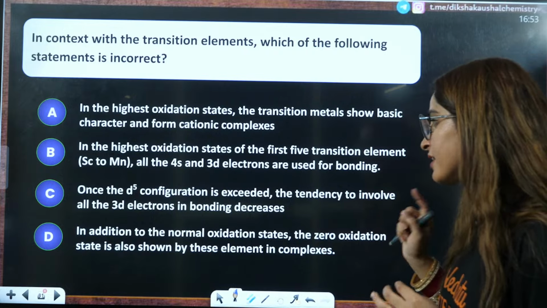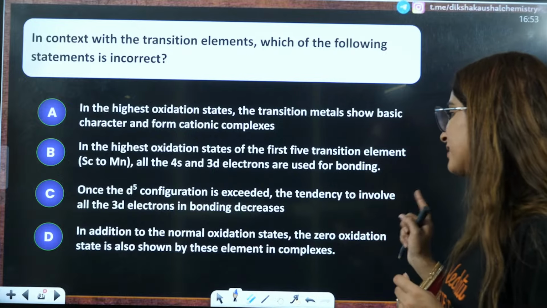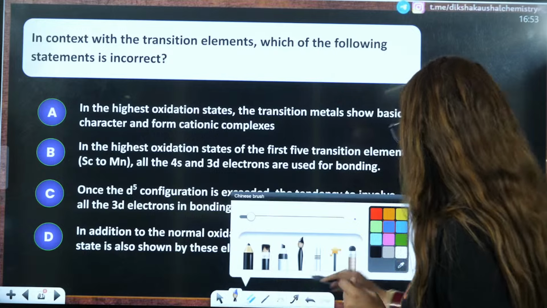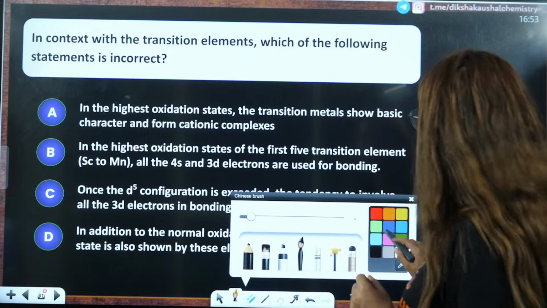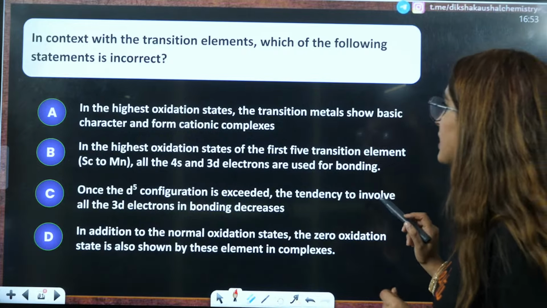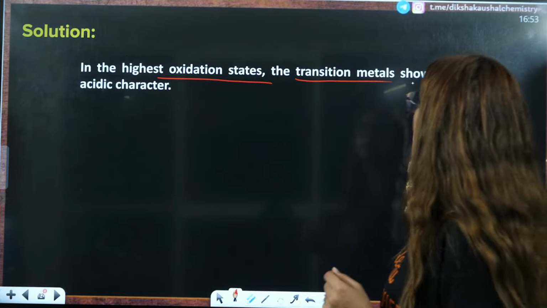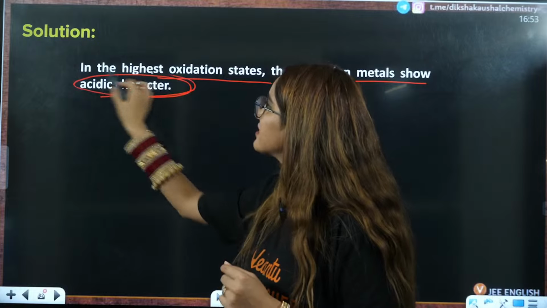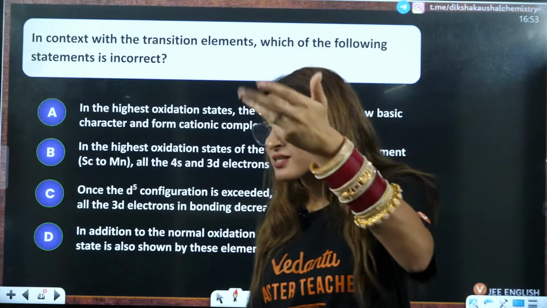In addition to the normal oxidation states, zero oxidation state is also shown by these elements in complexes. So they are asking you the incorrect statement. To my view, I think A is incorrect because they are acidic in nature, right? In the highest oxidation state, the transition element shows acidic character.